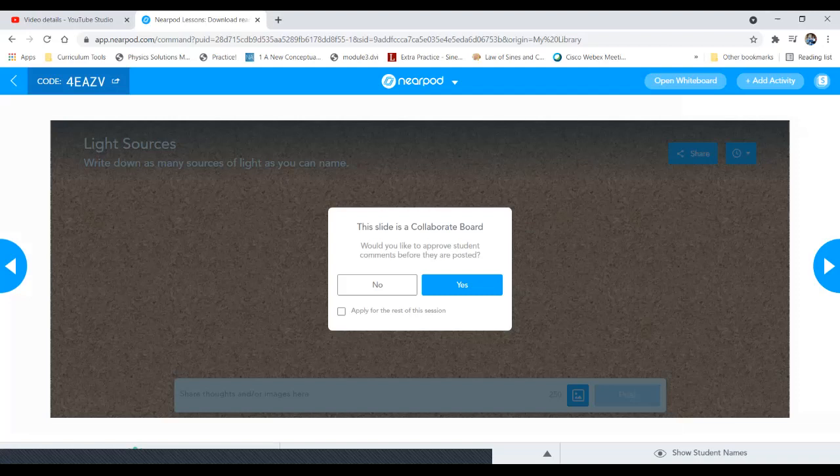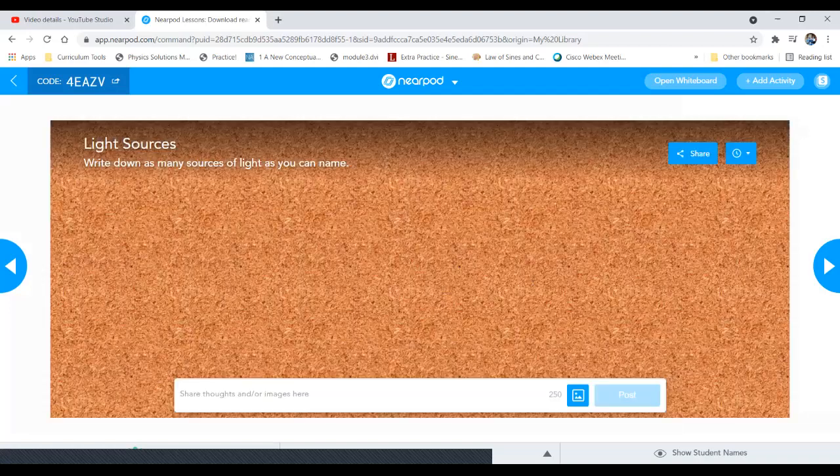So this is a collaboration board. I just want you to write down as many sources of light as you can name. Let me see if I can add a timer. Nope, I can't. But I want you to do that. I'm going to time you. So as many sources of light as you can think of in 30 seconds. Ready?